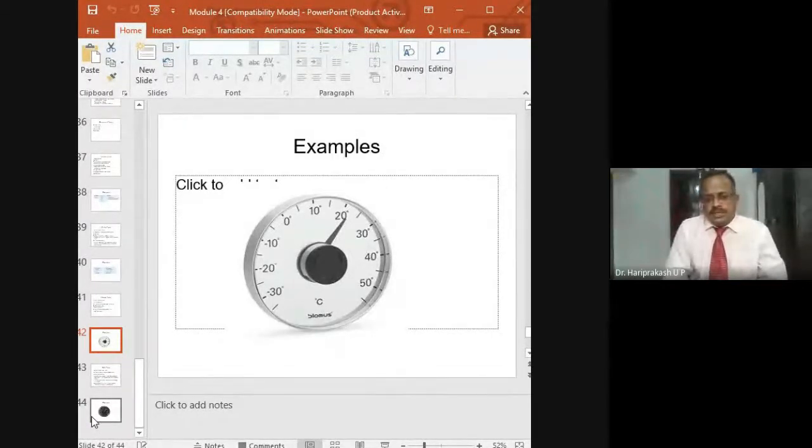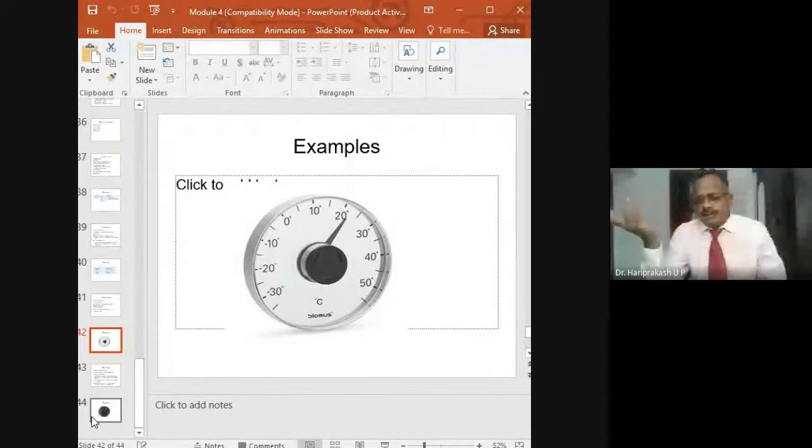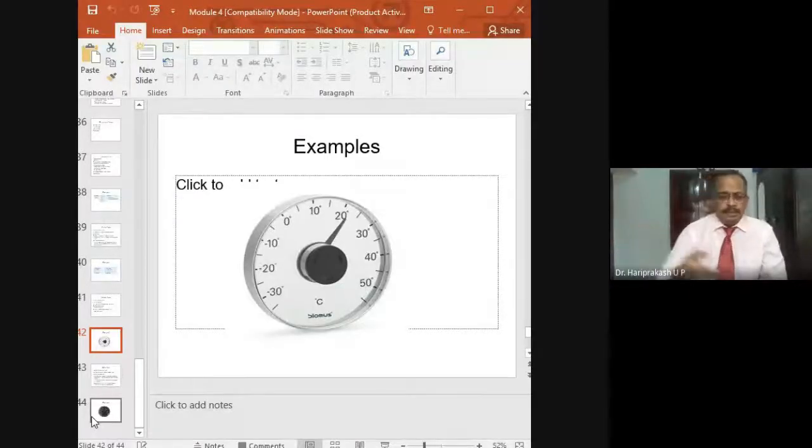On the plus side, it may go to any range, 10, 20, 30, 40, 50 degrees Celsius. Left side also, it may go, starting from 0. So that is the interval scale.